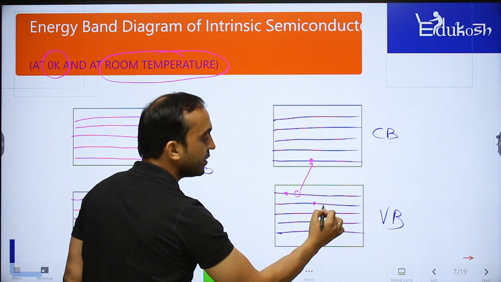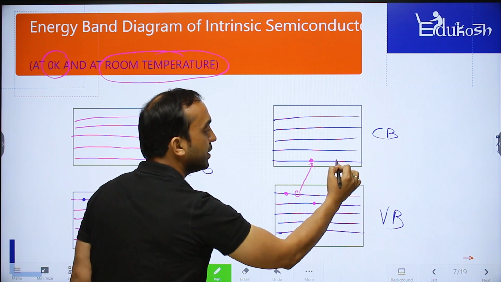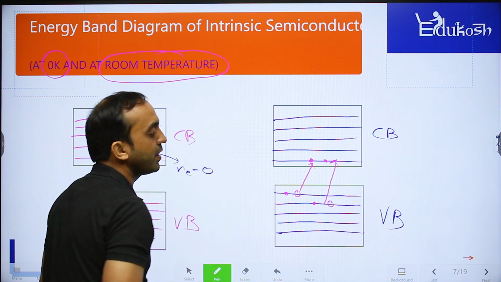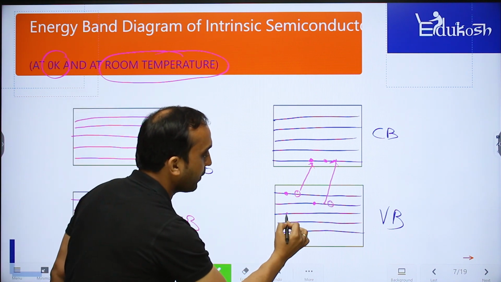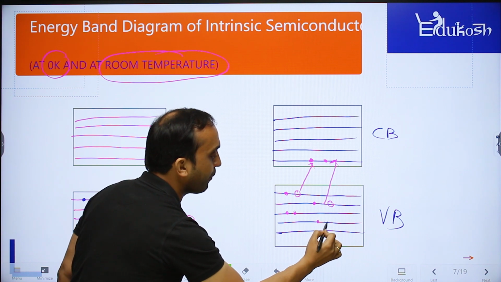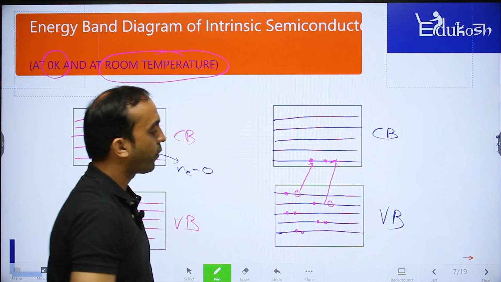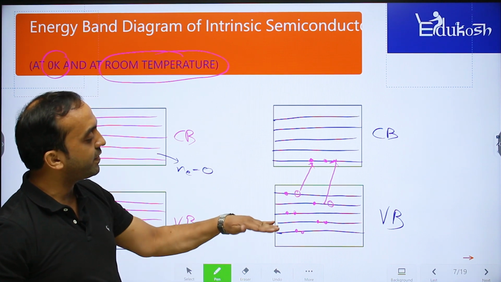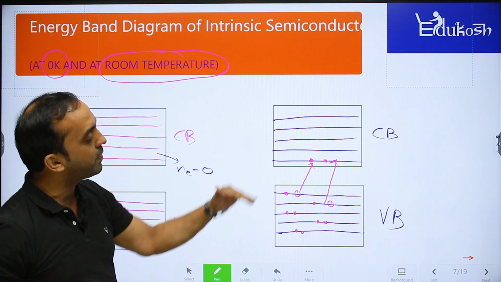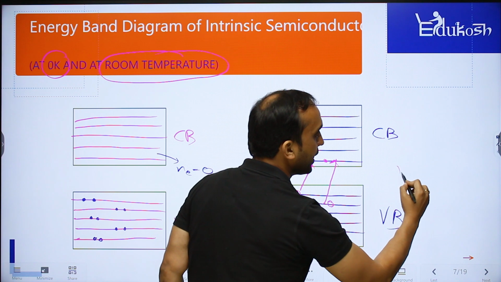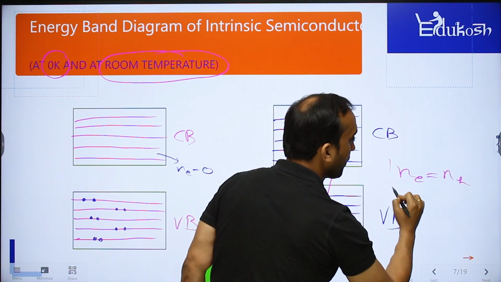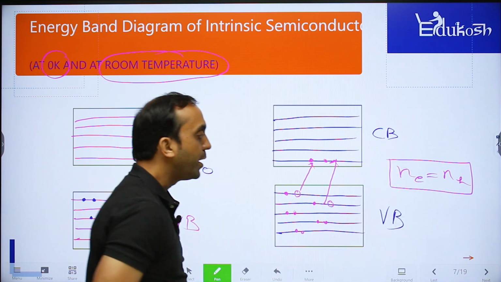Again, this electron has jumped here and reached the conduction band, and here we have one hole. Other electrons may exist in the form of pairs in the valence band. So I have just shown 2 holes and 2 electrons. So we can say that the number of electrons and the number of holes are always equal in the case of an intrinsic semiconductor.